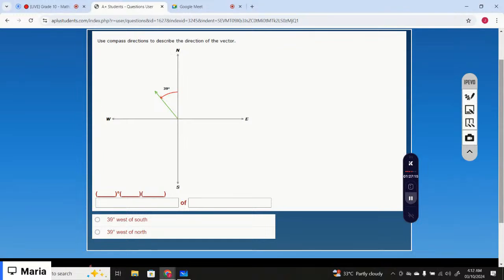So the correct option is 39 degrees west of north. Option number 2 is the correct option.